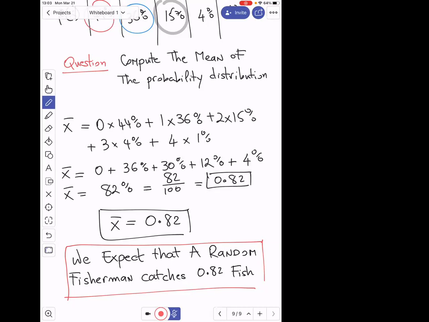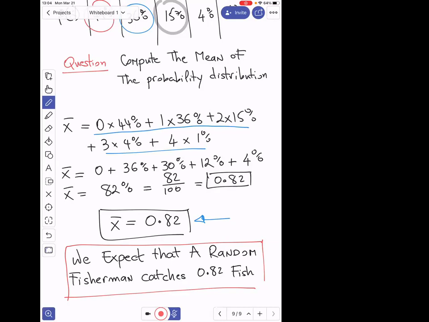So all you have to do, guys, to compute the mean of a probability distribution, as I said, is multiply each value of X by its corresponding probability P of X, and take the sum. That will be your X bar, the mean of your probability distribution. Any questions so far for the mean?